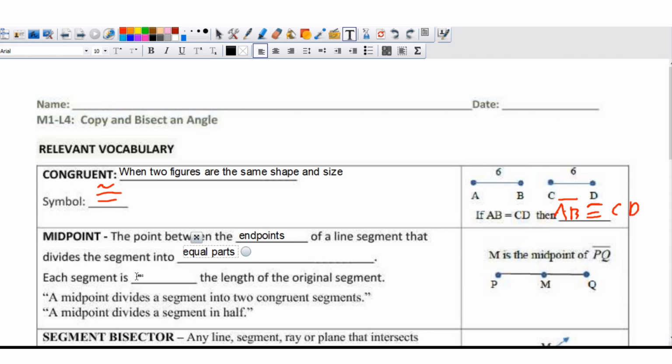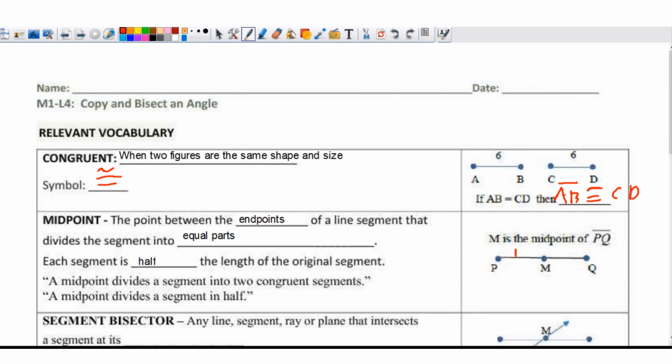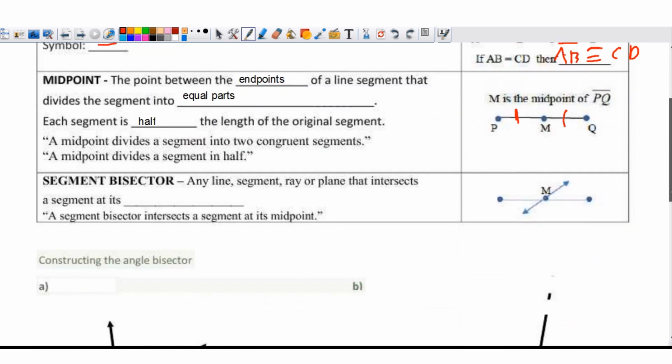Each segment is congruent to the original. Each segment is half the length of the original segment. Okay, and to show that, we would mark our two lines with a dash. Each one gets 1 because those two are congruent.